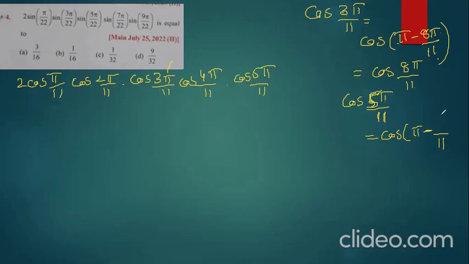If you multiply 11 into pi it is 11 pi. I have to get 5 pi, which means I have to subtract 6 pi here. Am I right? Okay. So cos of pi minus 6 pi by 11, it is going to be cos 5 pi by 11, 11 pi minus 6 pi, 5 pi by 11. Okay. So I am getting cos 11 pi minus 6 pi.